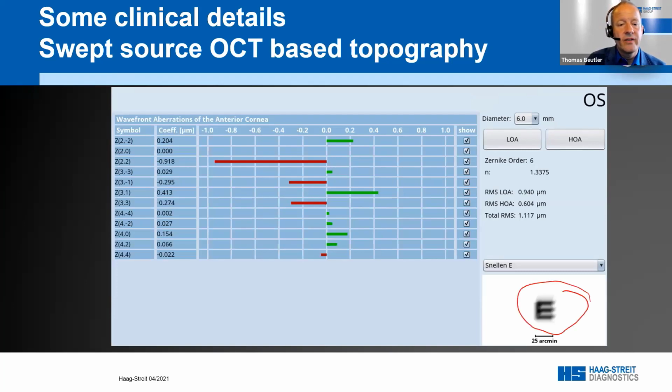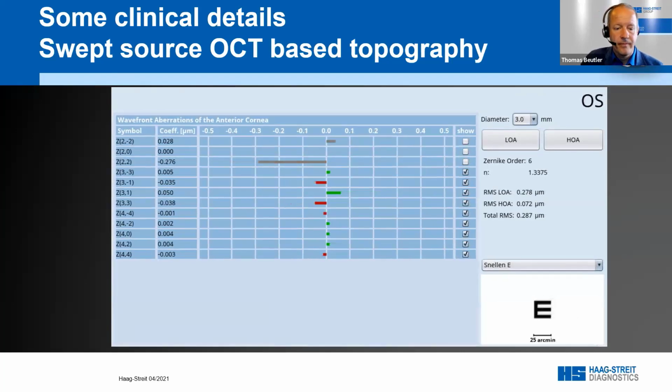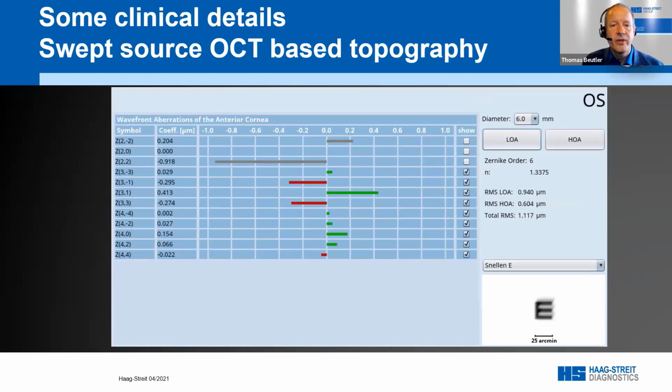Now, if we take away all the lower order aberrations, we can show the patient what the effect would be if we implant a toric IOL that fits perfectly to his astigmatism. So we go there and we see now, oops, sorry, that was one slide too much, that if we put in a toric IOL, for example, we could get rid of some of the effect, but we still have some distortion.